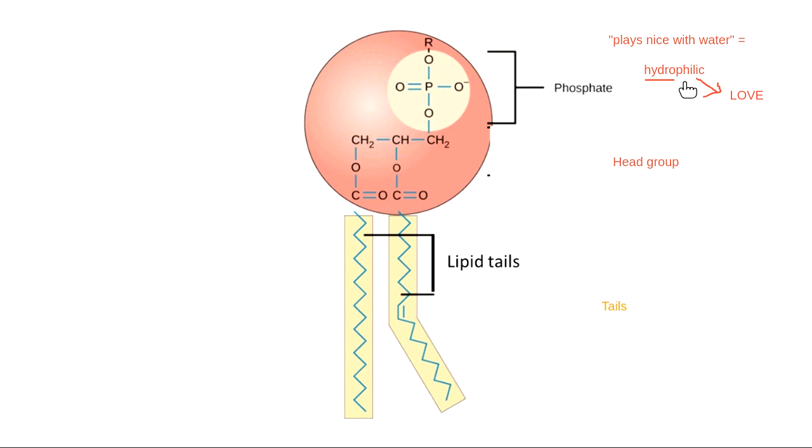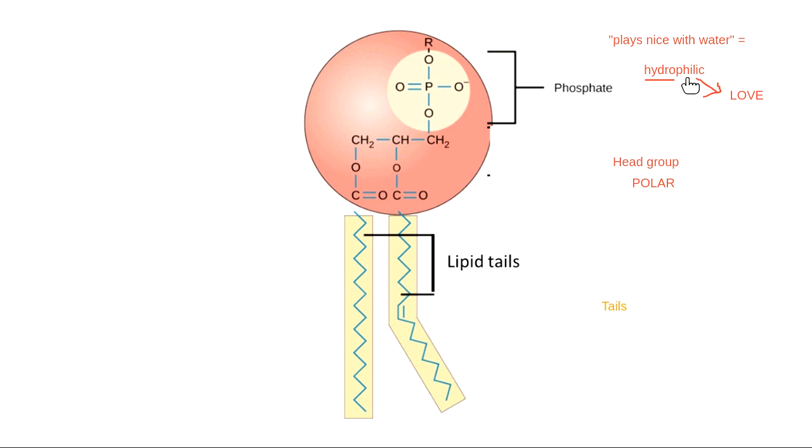It wants to be by water. The reason that it loves water is because it is polar, meaning it does not share its electrons equally. That's why I've got this negative charge over here. This portion of my phospholipid is polar, which means that it plays nice with water.